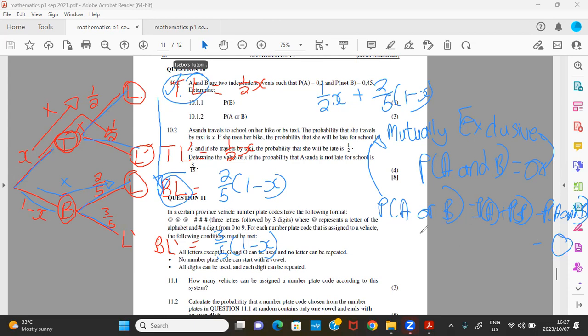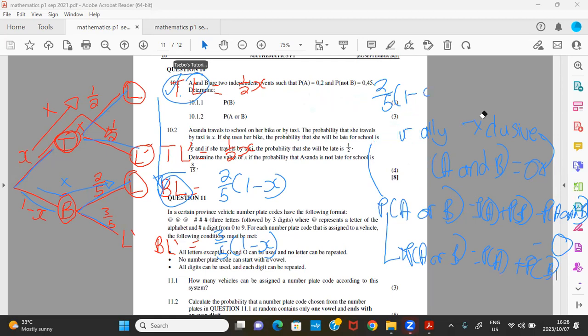So that means for mutually exclusive events, the probability of A or B is just probability of A plus probability of B. Do you see that? That's just me playing around with the information and showing you.